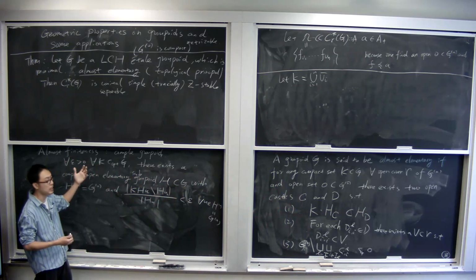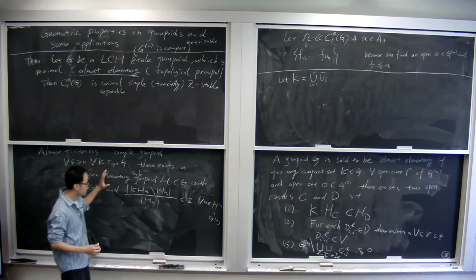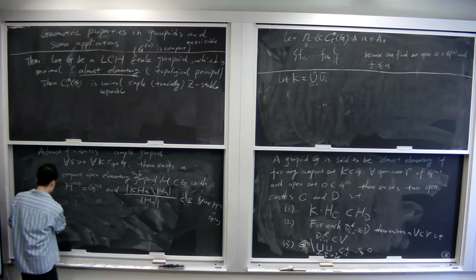So your algebra is nuclear automatically, and you don't have to care about the difference between trivial Z-stability and Z-stability. But the question is, the first question.